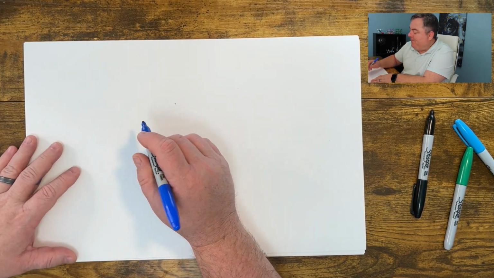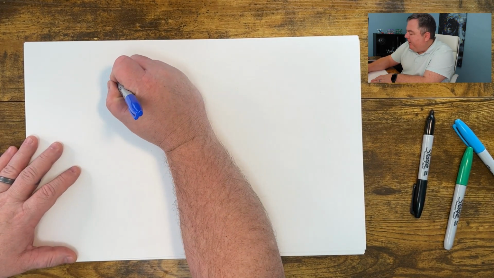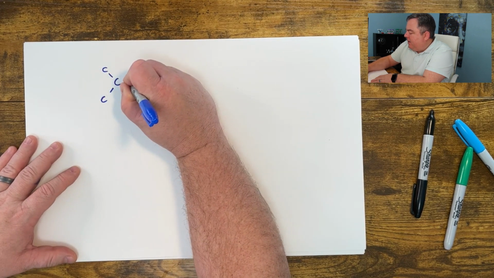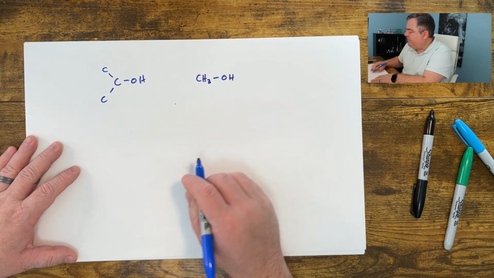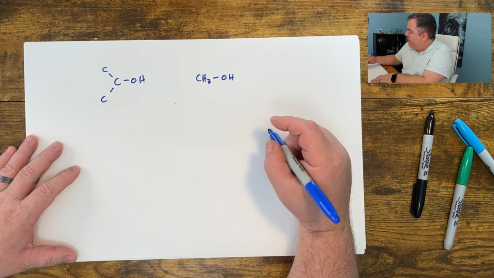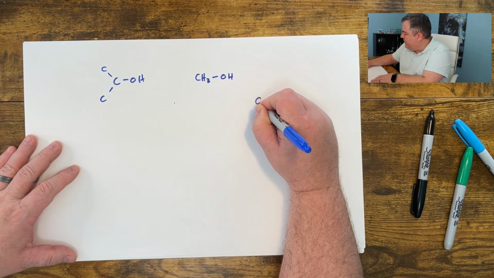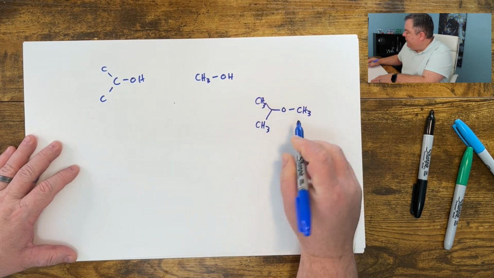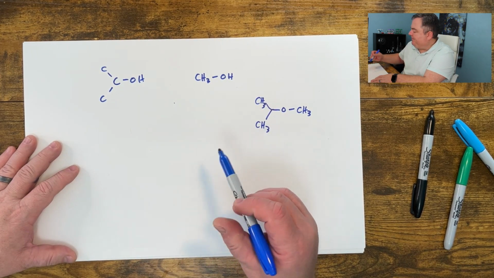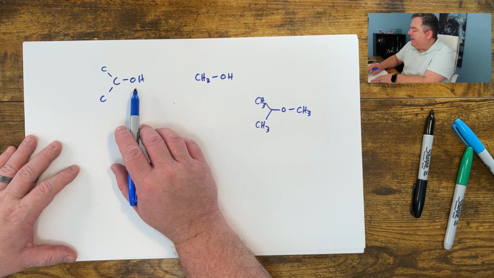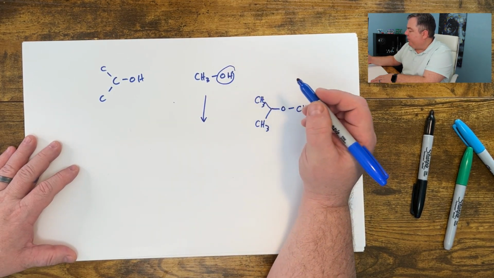Let's take one more look at this type of reaction and see why I might want to turn an alcohol into a good leaving group. Let's say I have 2 alcohols available to me. But I want to make something that looks like this ether. So how can I combine these 2 things to make this compound? Well, this is a bad leaving group and that's a bad leaving group. What you might want to do is turn this into a good leaving group.